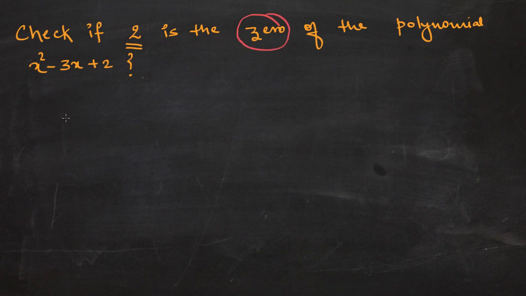For a polynomial, let's say that we name the polynomial p of x. This is just a name. P means polynomial and x means the variable through which this polynomial is made up of.